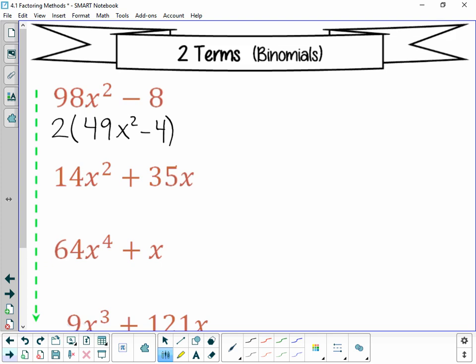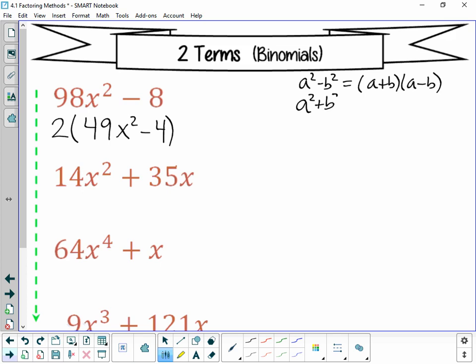All right, so we have our GCF factored out. We've got these 2 terms. Last unit, we talked about our special patterns. If you have a binomial, if you have 2 terms, you can always check and see if it fits one of our special patterns. Our special patterns are difference of squares, which factors as a plus b times a minus b, and you have these on your paper.